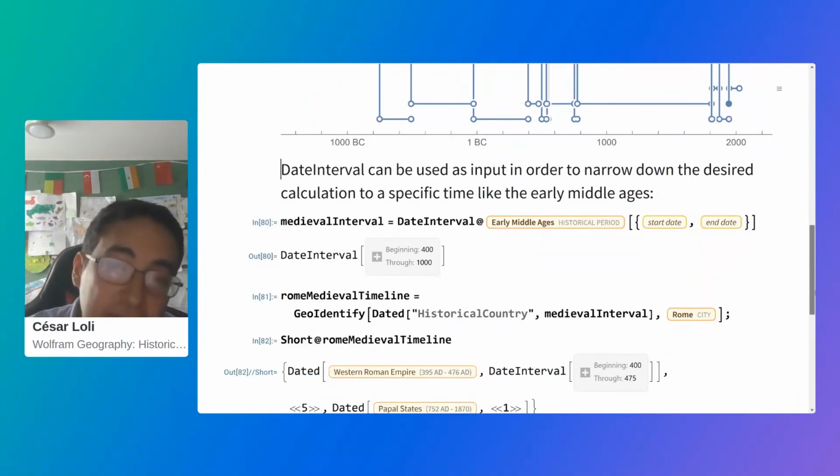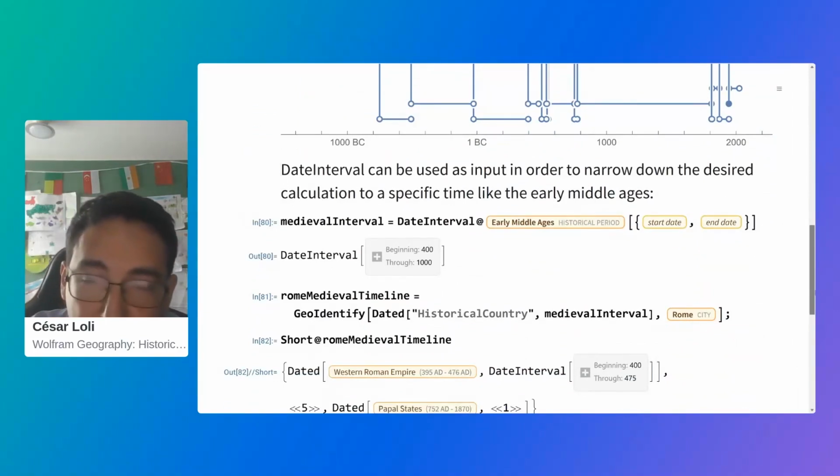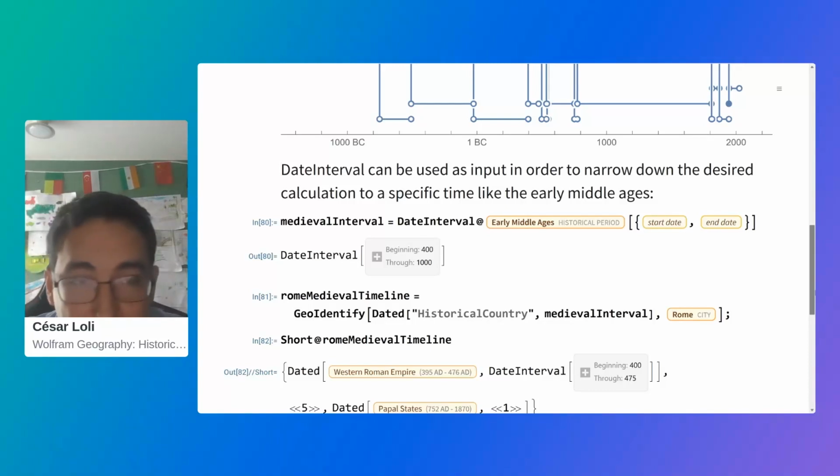We can use this not only with all, as I did before, to give me the entire timeline, but, much in the way I did with the polygons before, in order to narrow down to a specific time.